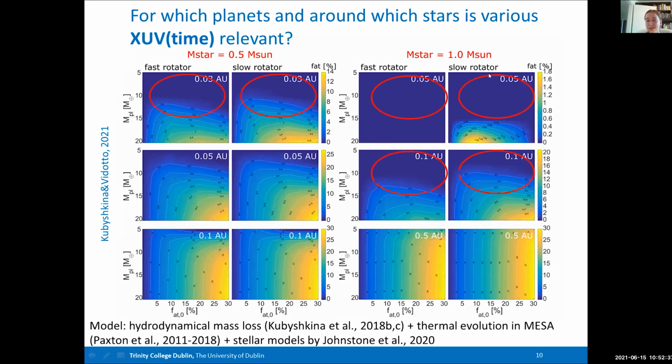For very low mass planets, it's irrelevant as they tend to lose all of their atmospheres within the first hundreds of millions of years. And also for heavier planets starting their evolution with very compact envelopes, it is less relevant compared to those starting with inflated atmospheres.